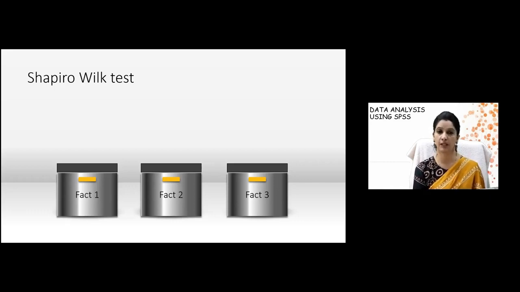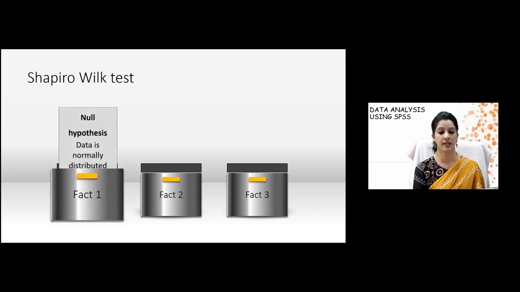So Shapiro-Wilk test, it is most commonly used test for assessment of normality, which is an objective way. In this, the null hypothesis is that the data is normally distributed.